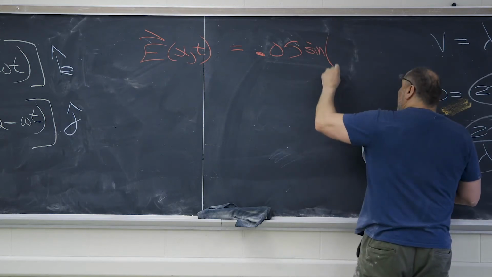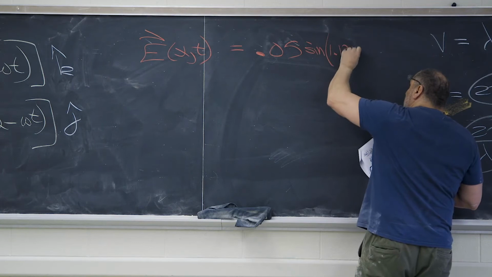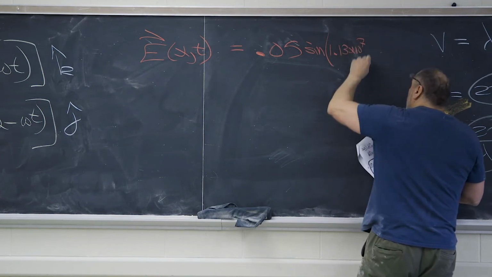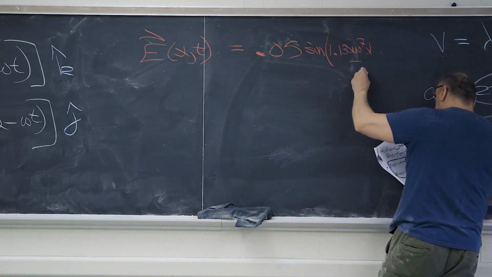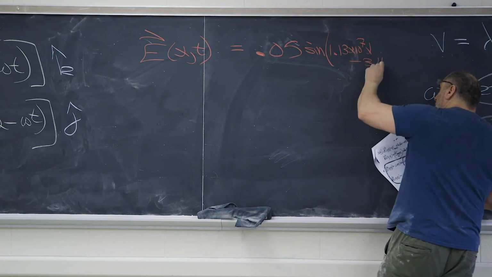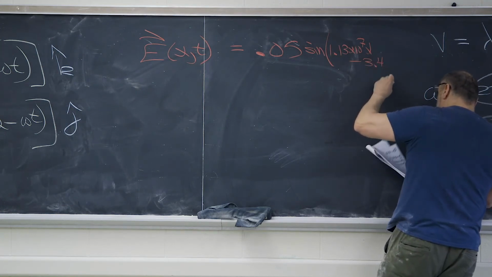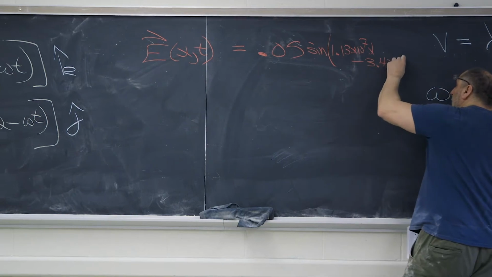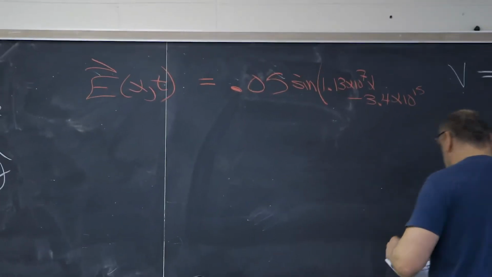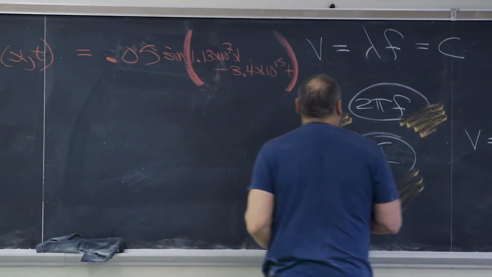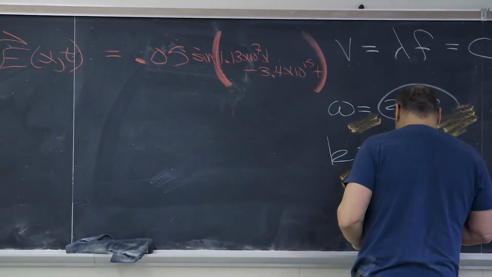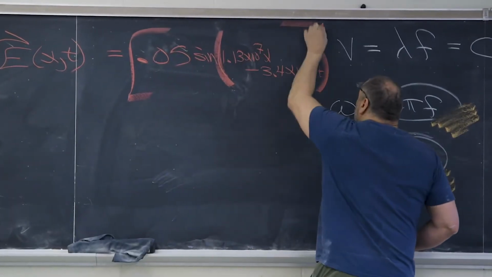K was 1.13 times 10 to the 7th, times X, and omega is 3.4 times 10 to the 15, times T. It gets written a lot of ways, but that's the K vector, the whole thing here, with the right units.